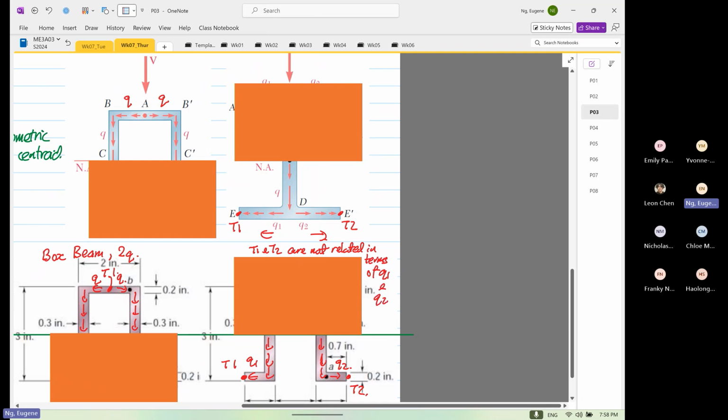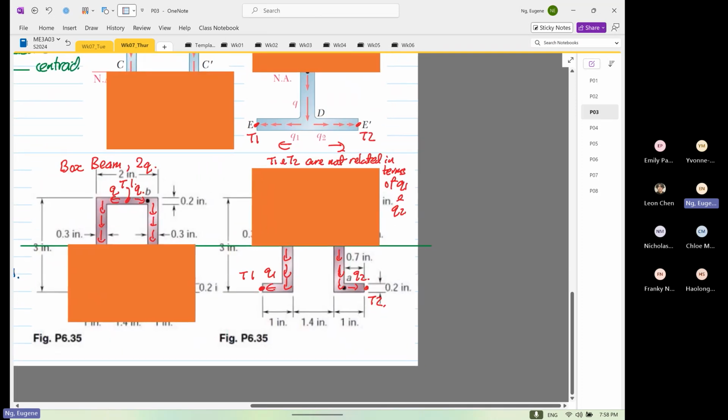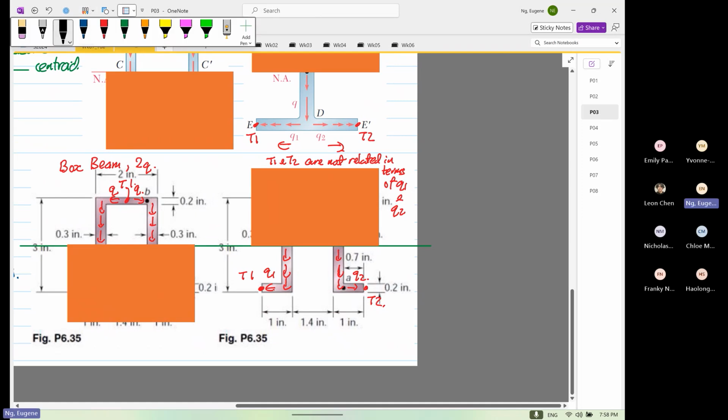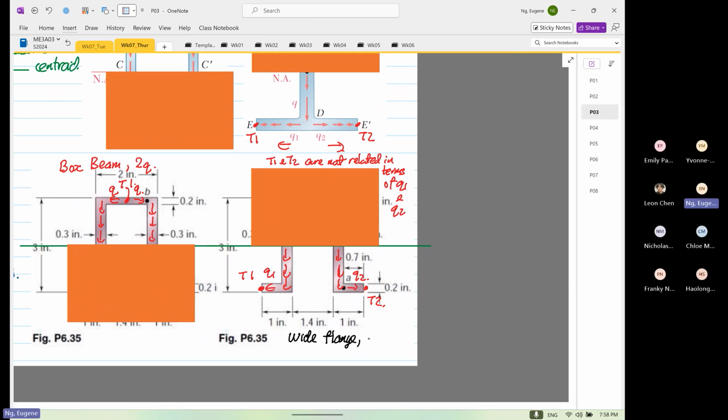Okay, so when that's the case, at the plot at the bottom, right, this is our wide flange, and for your wide flange, we just need to call Q, okay, because there's a single Q on one side, single Q on the other side. Whereas for a box beam, right, you have Q flowing to the left, Q flowing to the right, and it's linked by a terminal.